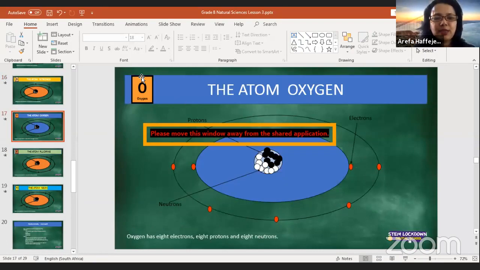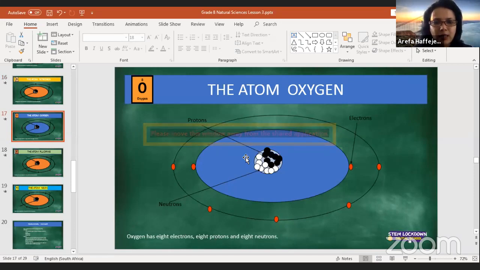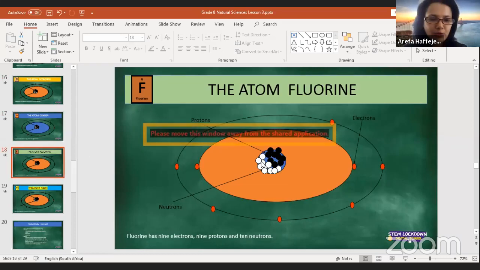So an oxygen atom, the element oxygen has 8 electrons, 8 protons, and 8 neutrons. And this is basically how it is formed in your atom. So we have fluorine. So fluorine has 9 electrons, 9 protons, and 10 neutrons.